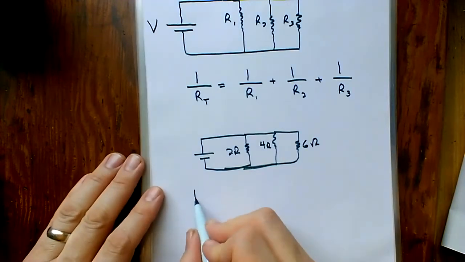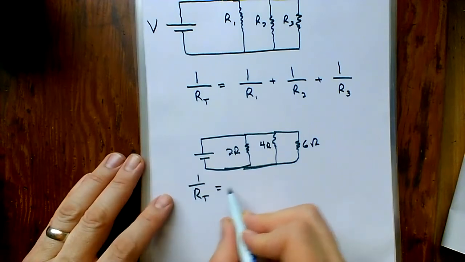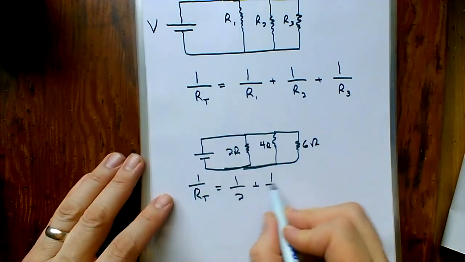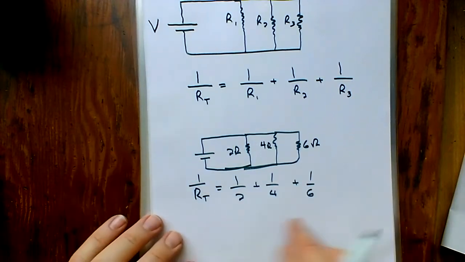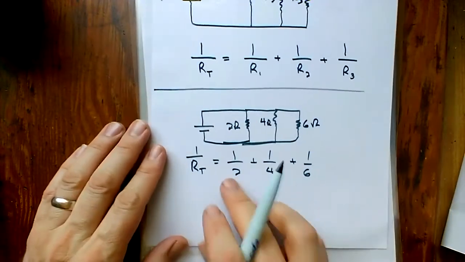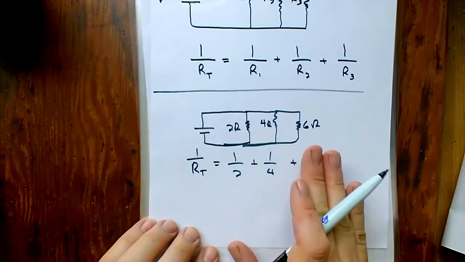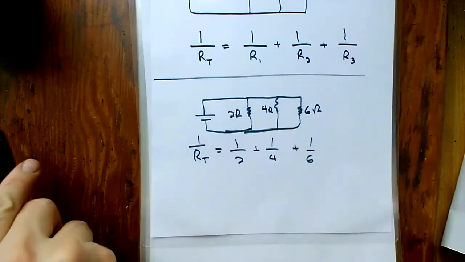My total resistance: 1 over that total resistance is going to be 1 over 2 plus 1 over 4 plus 1 over 6. So I would need to find a common denominator here. Between 2 and 4 it would be 4, but between 4 and 6 it would be 12. So I'm going to convert all of these to twelfths.